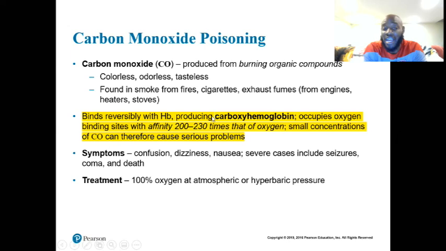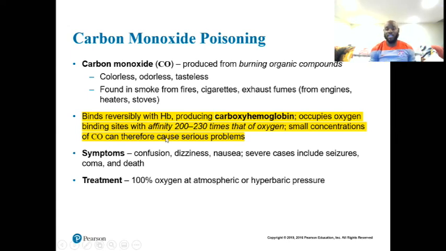Remember, carbon dioxide does not occupy the same site that oxygen occupies. Carbon dioxide binds a different site on your hemoglobin. Carbon monoxide occupies the same location on the heme that oxygen occupies.